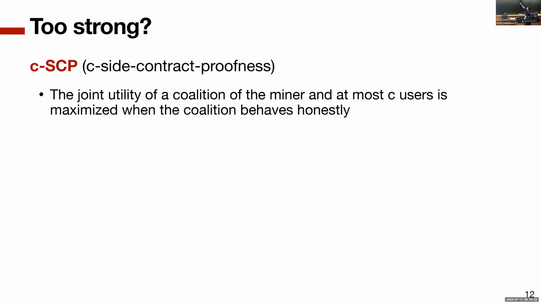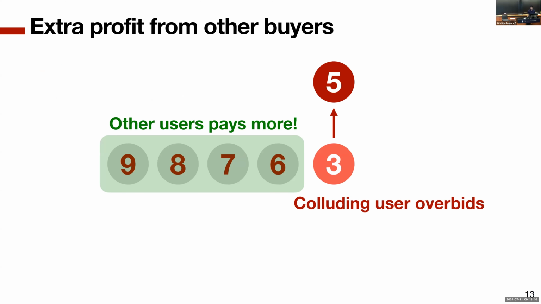It requires that the joint utility of the coalition should not increase by deviation. So let's take a closer look at how a strategic coalition increases its joint utility. There are actually two ways. The first one is you try to steal from other buyers.